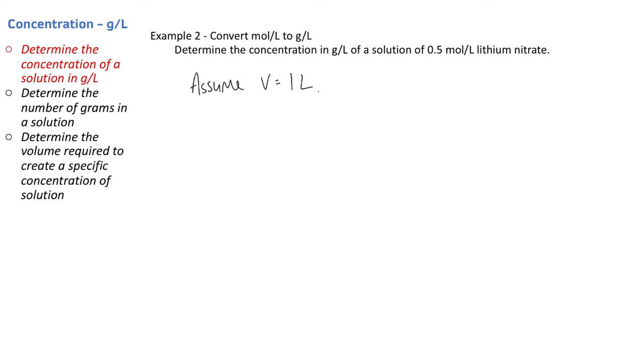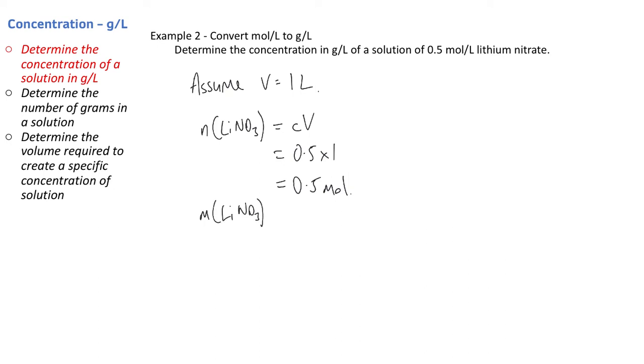So we're just going to choose 1, so that we can work out the number of moles of lithium nitrate. If it's 0.5 mole per liter and we've got 1 liter, it's 0.5 moles. That makes sense. Next, we need to work out the mass of this lithium nitrate.